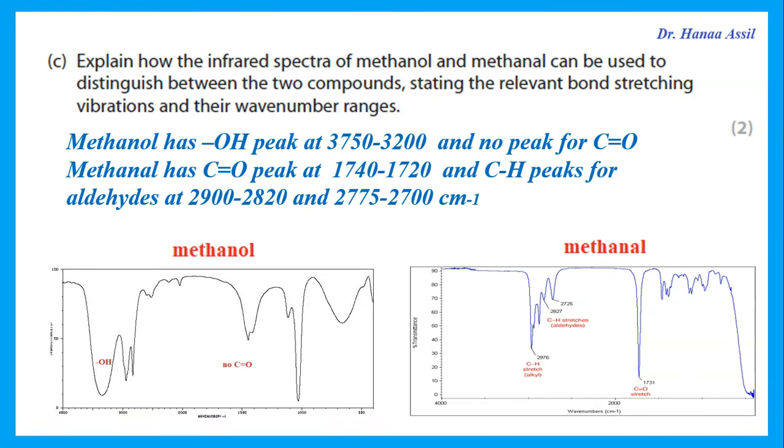For the methanol, we don't have a peak for C double bond O. For the methanal, we do, at 1740 to 1720. So this is the one for aldehydes. And the CH peaks for aldehydes are below 3000, which is 2900 to 2820 and 2775 to 2700 centimeter to the minus 1.